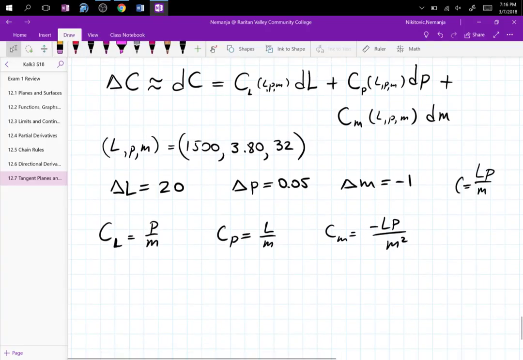And now I can approximate the change in cost by simply computing the cost differential.